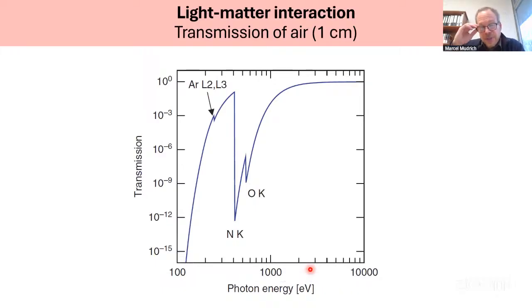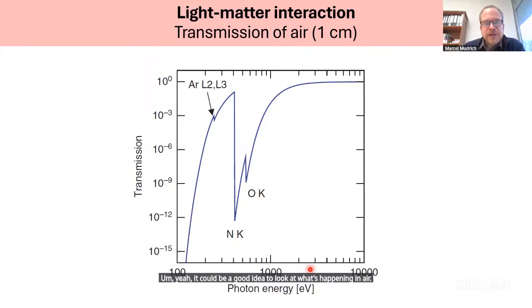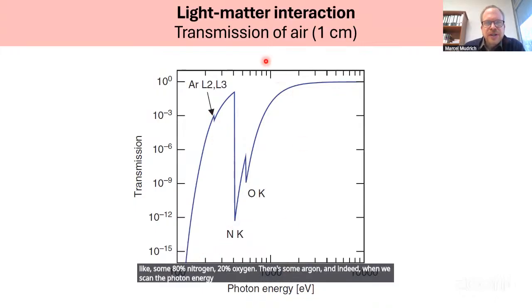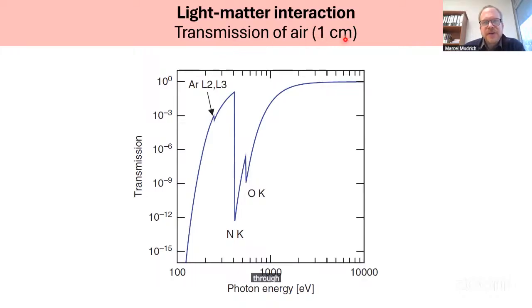It could be a good idea to look at what's happening in air. Air, as you know, is a mixture of mostly nitrogen, some 80% nitrogen, 20% oxygen. There's some argon. When we scan the photon energy and shine our X-ray beam through 1 centimeter of air, we will see that the beam gets very strongly attenuated.